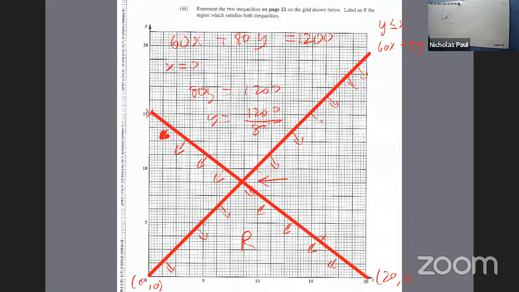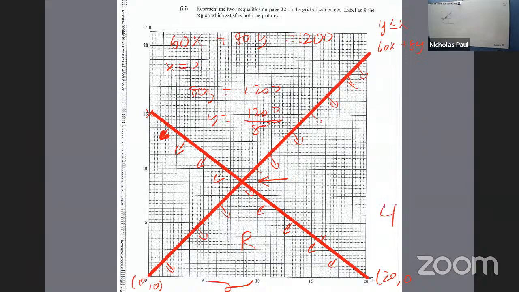If you have to read it off, watch how easy it is. You have to figure out how much every small block is. So here to here is how much? How many blocks do you have between 5 and 10? Yeah, 4 big blocks. So you can figure out what every block is.